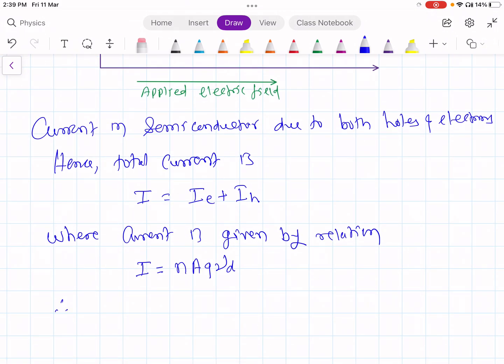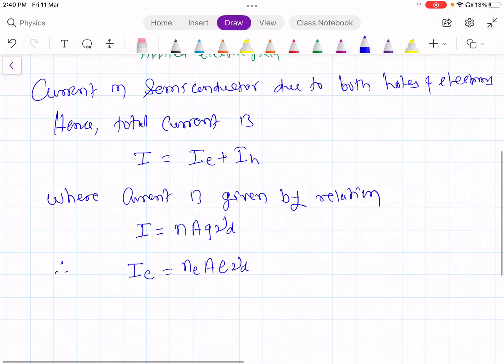Therefore, IE, the current due to electrons, would be Ne, the number of electrons, into the cross-sectional area of the semiconductor, into the charge on an electron e, into Vd. This is the drift velocity of electrons.